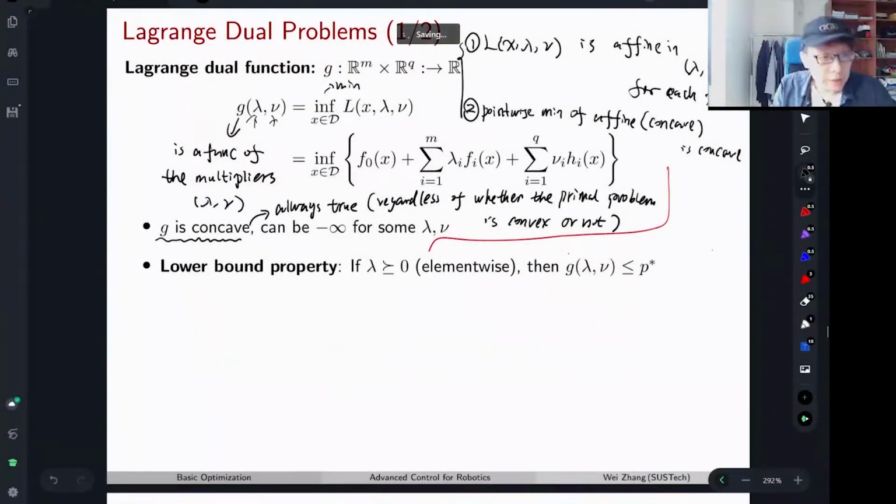Okay, so now we finished defining the dual function, and actually, a dual function has very important properties. The first property is it is always concave. And the second property is it always gives you a lower bound of the primal optimal cost.